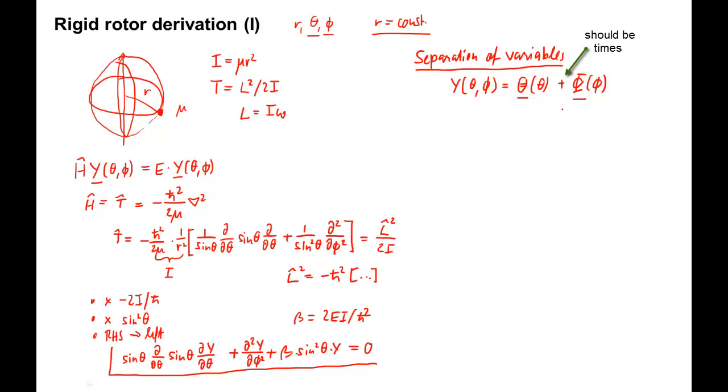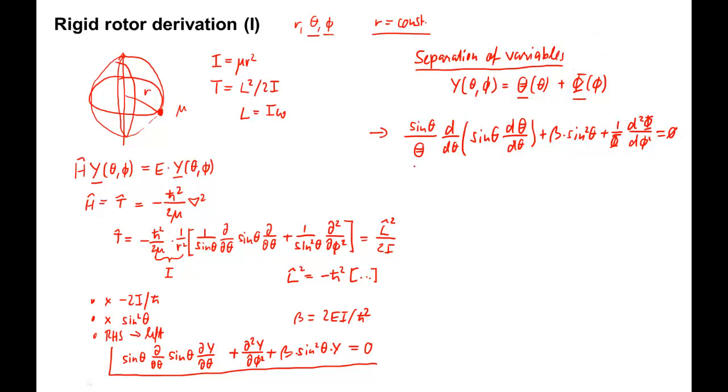Inserting this into the previous equation and dividing left and right by uppercase Theta, uppercase Phi, we get sine theta divided by uppercase Theta d d theta of the sine of theta times d uppercase Theta d theta plus beta times sine squared theta plus 1 over uppercase Phi d squared uppercase Phi d phi squared equals 0.